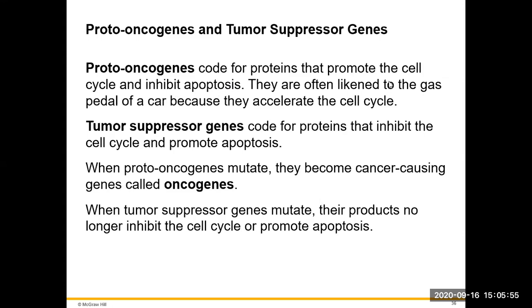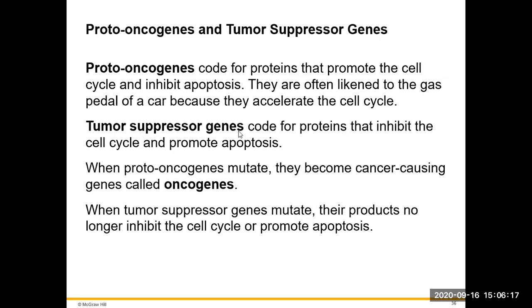It's like they are telling the cell to go through the cell cycle again and again. And when the cell tries to kill itself, it's like telling it, no, don't do that, just go on. They are often likened to the gas pedal of a car because they accelerate the cell cycle. So they do what the government doesn't want them to do.